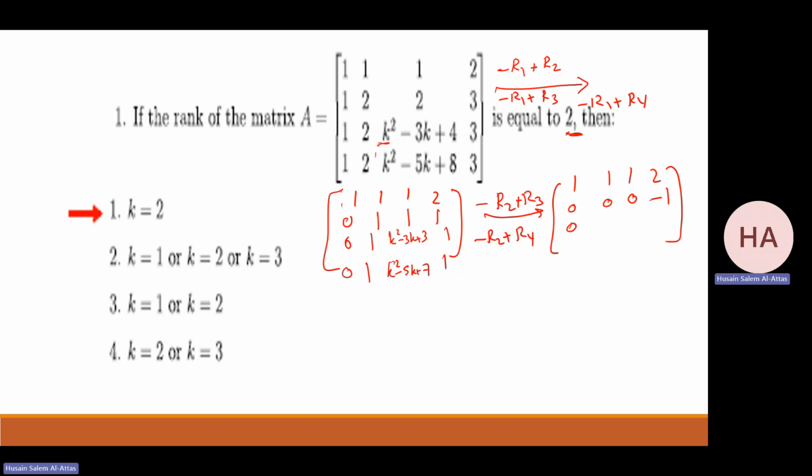Minus 1. I multiply the second row by minus 1 and add it to the third row. Sorry, this is 0. This is 0. So I have what now? 0, 0.